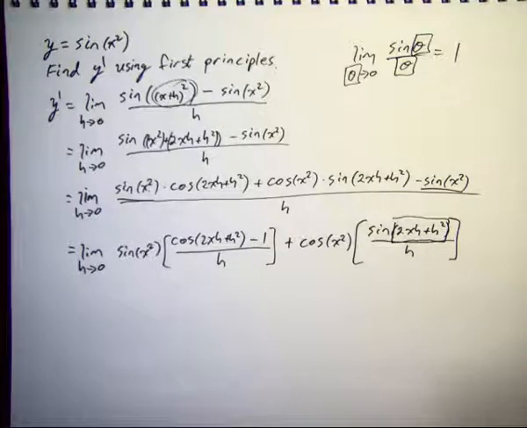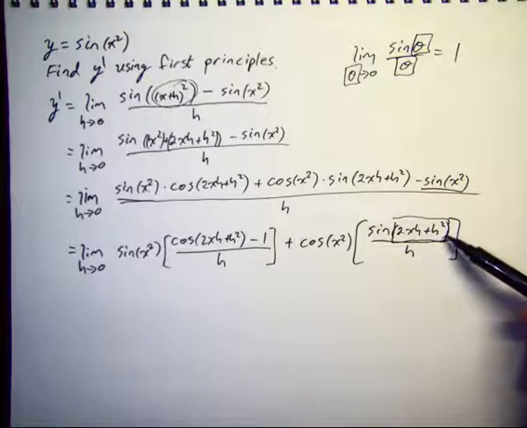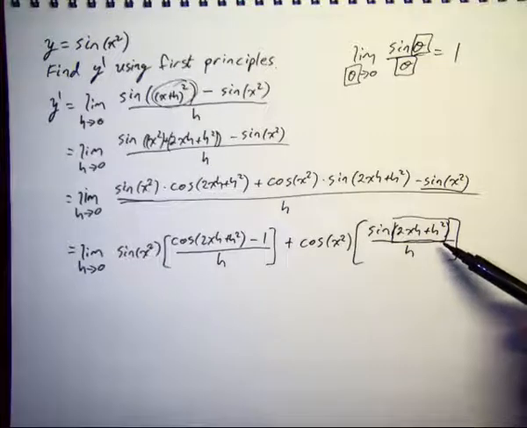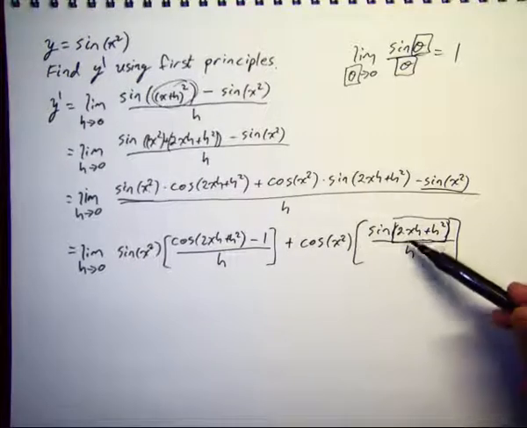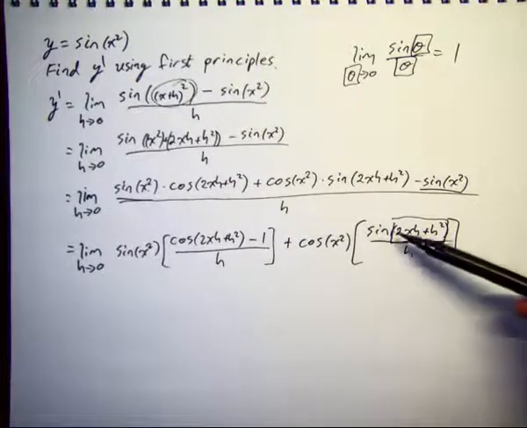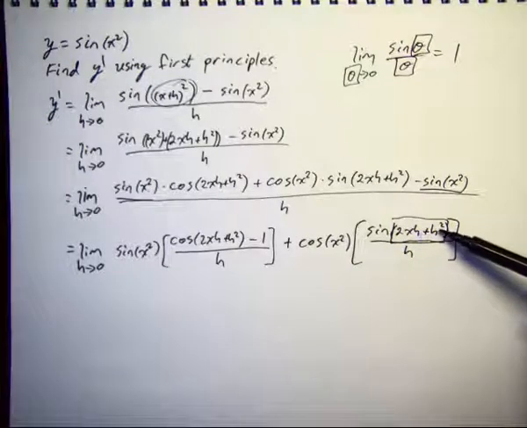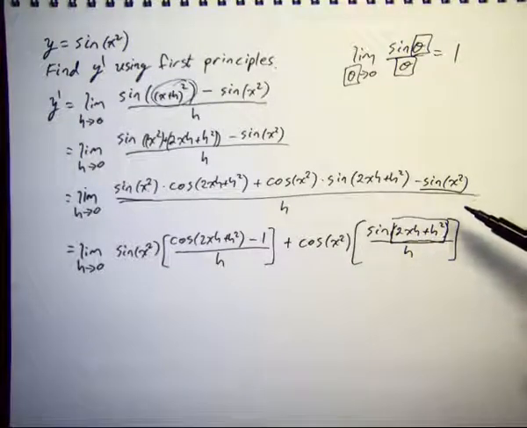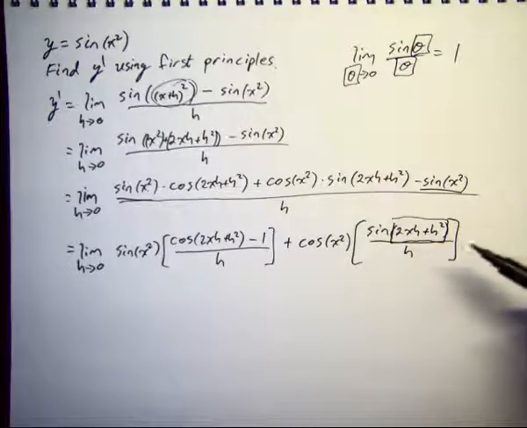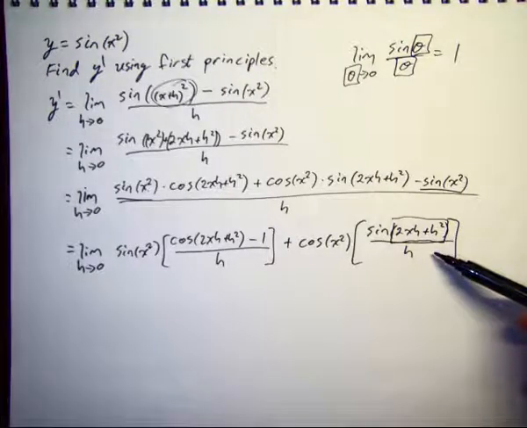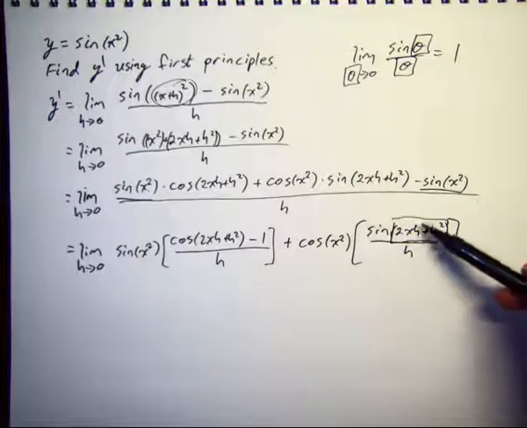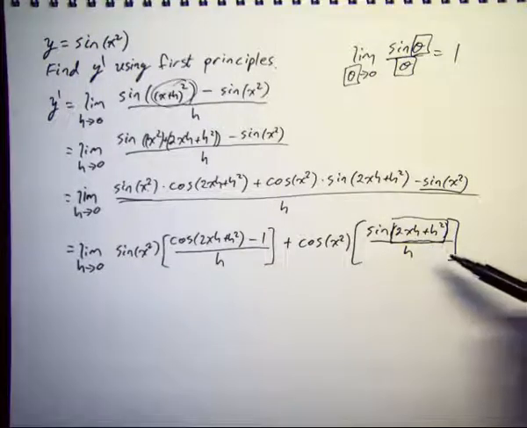And this, though, there isn't much that I can do with it. So I have an option. I can either expand it into sine of another a plus b and see what that does, and that certainly works, or I can try to multiply top and bottom by 2xh plus h squared and see what that does.